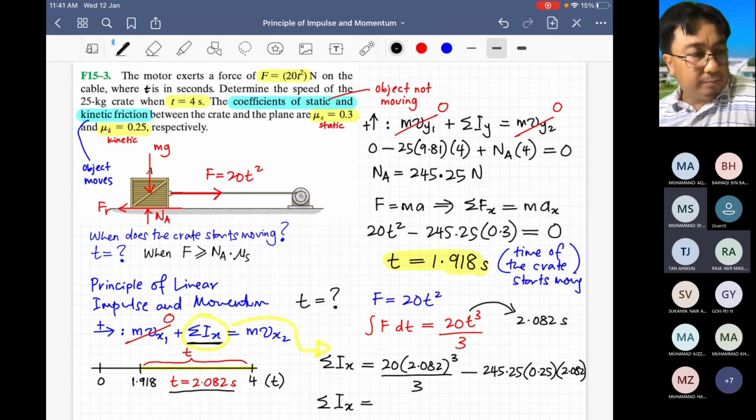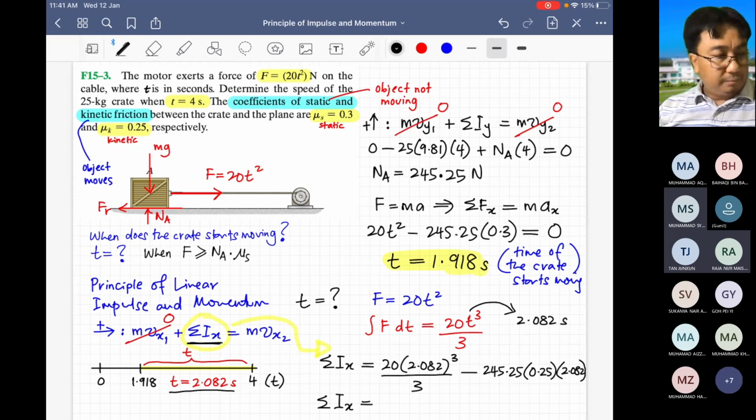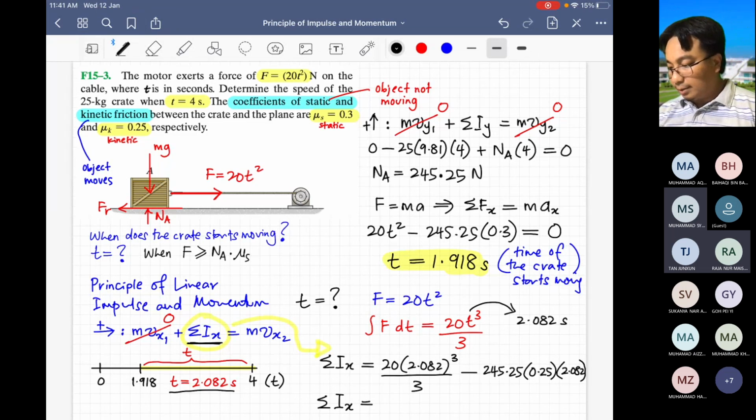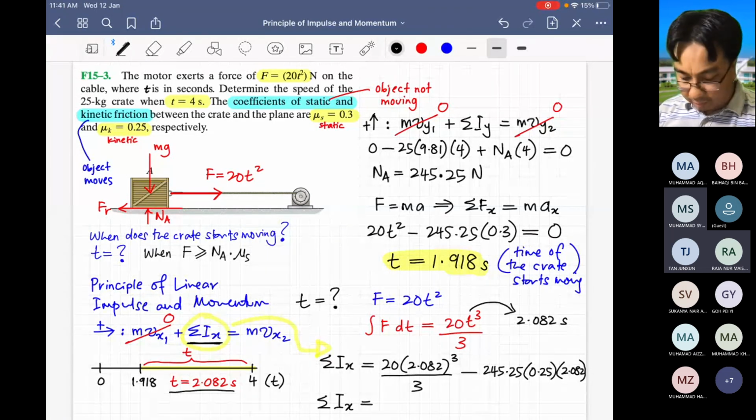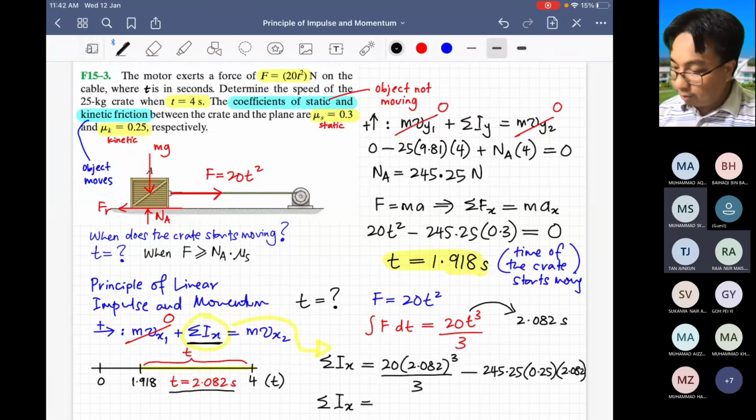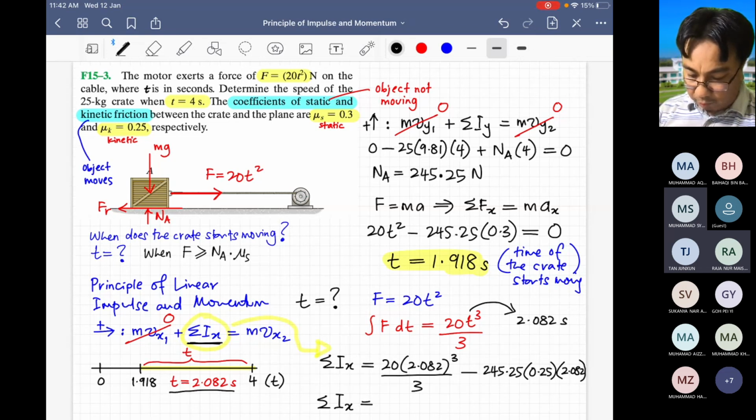Can someone help me calculate? Who has a calculator? If you watch the video I shared, I showed a slightly different calculation, so you can compare which is easier for you. I think this will also give us the same answer. 20 times 2.082 to the power of 3 divided by 3 minus 245.25 times 0.25 times 2.082.